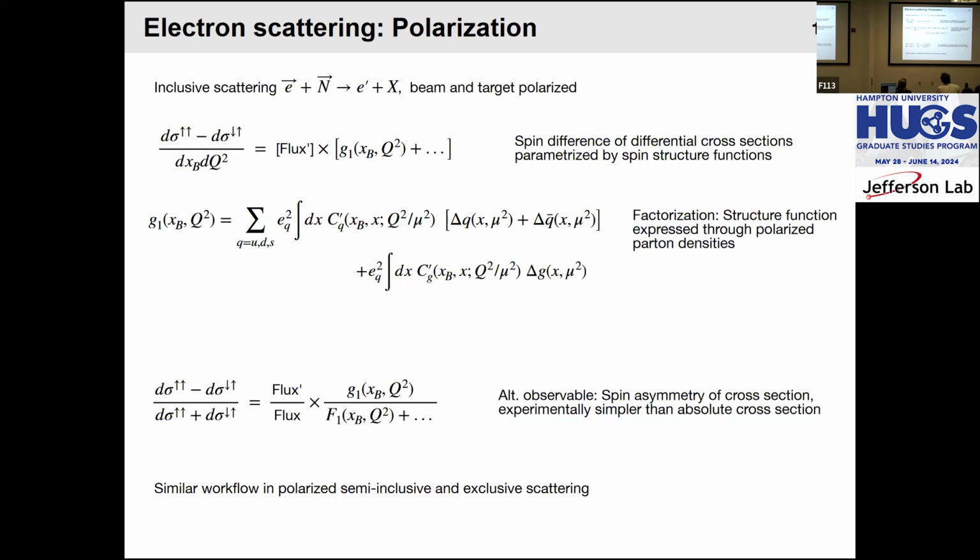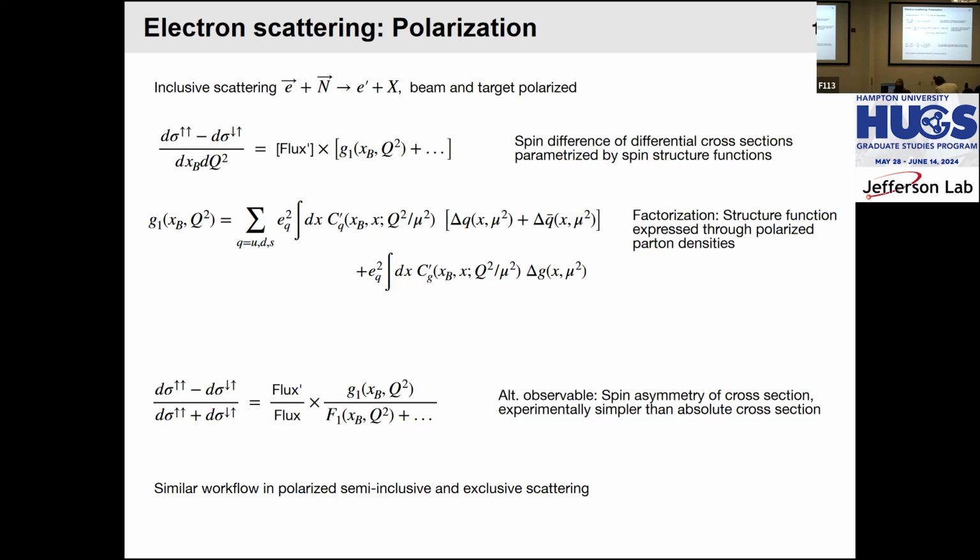In some cases, one can also do measurements in which particles in the final state are polarized. Those are done at Jefferson Lab in fixed target scattering, but those we will not touch here. So we will have polarization in the initial state in the form of beam and target polarization. And exactly the same template as on the previous slide can be applied to polarized scattering.